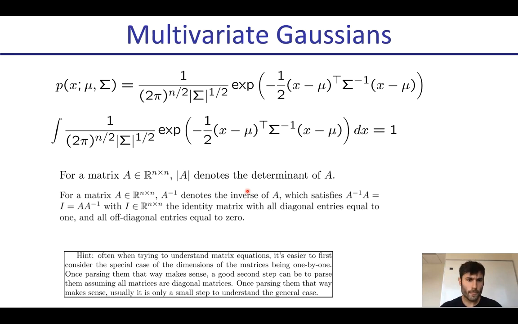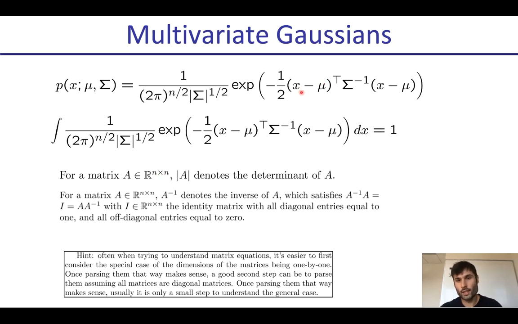And for all these equations and formulas, it's usually easier if you think of it in the one-dimensional case. So instead of this matrix being n by n, just think of it as being 1 by 1, which essentially means that this is a scalar, which is the case of the univariate Gaussian variable.